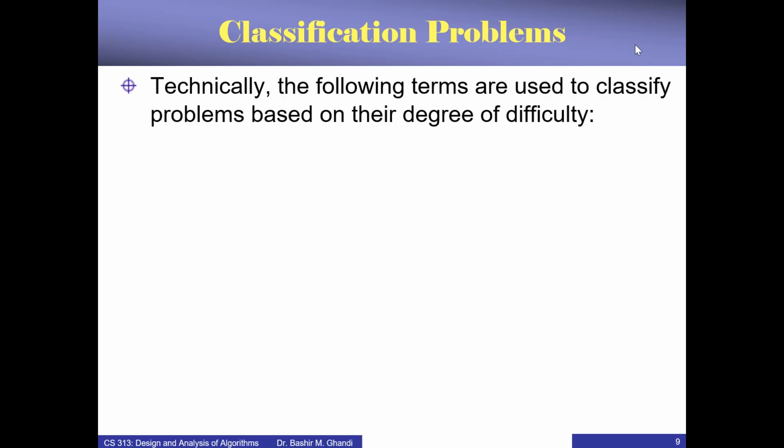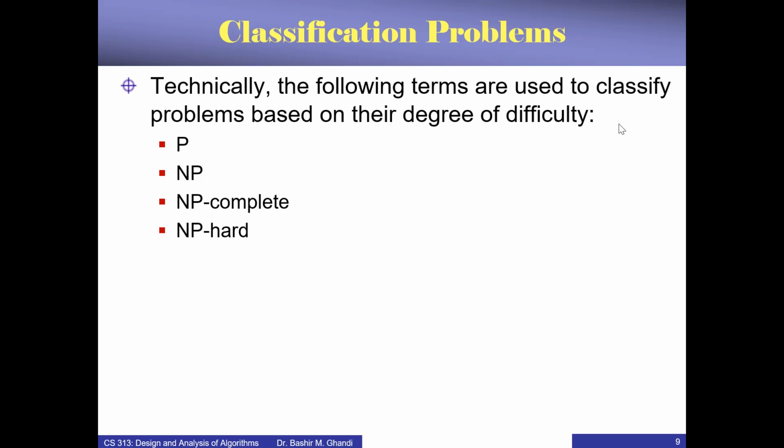Let us now turn to our classification of problems in terms of their tractability, or how difficult they are in terms of coming up with an efficient algorithm to solve them. Technically, the following terms are used to classify problems based on their degree of difficulty: P, NP, NP-Complete, and NP-Hard.